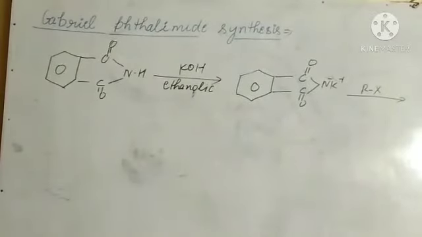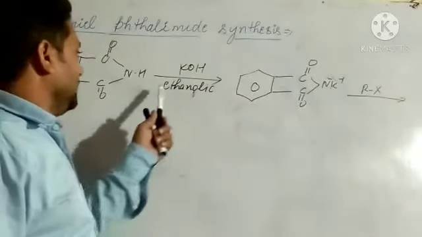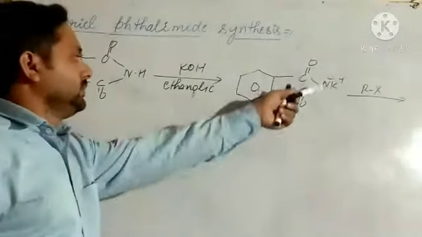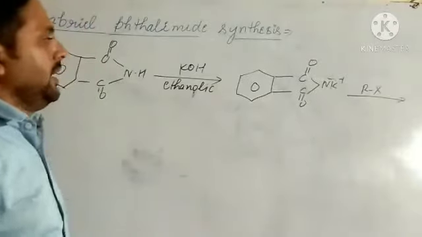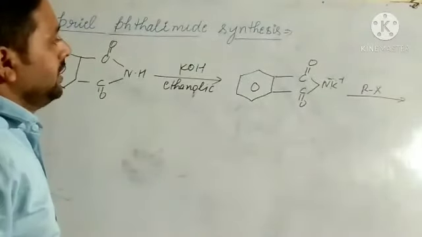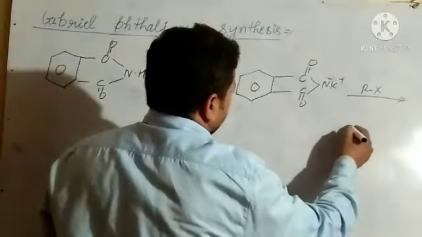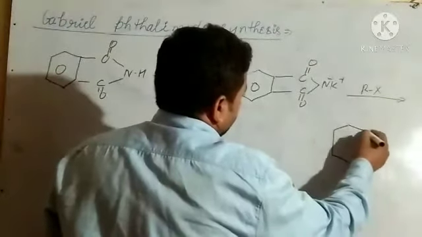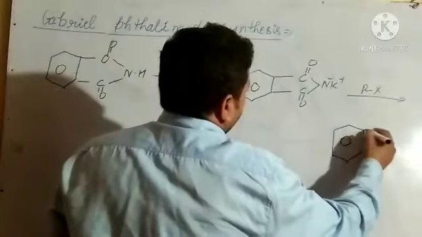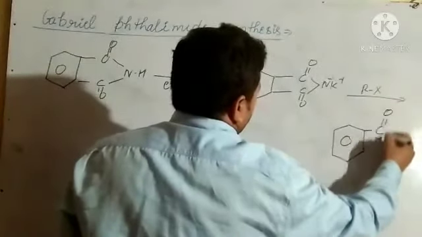So what we have written here? Phthalimide reacts with ethanolic KOH, forms sodium salt of phthalimide, which reacts with alkyl halide. So that will be heated with alkyl halide, and that will give this product, followed by hydrolysis.